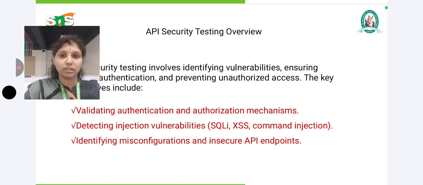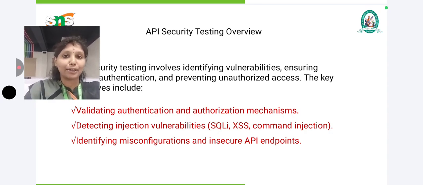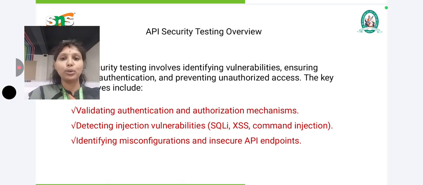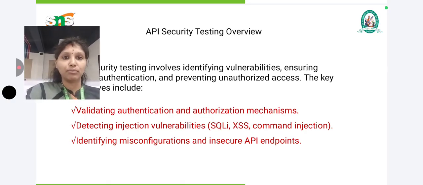In order to attack the web application, web services, they used to implement the command injections. So the detecting injection vulnerabilities all happens because of these kinds of attacks, and then identifying the misconfigurations as well as insecure application programming interface endpoints. So the validation, detection as well as identifying the vulnerabilities plays a vital role in API security.